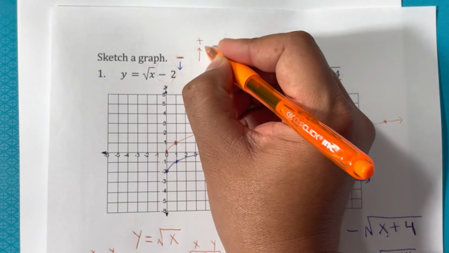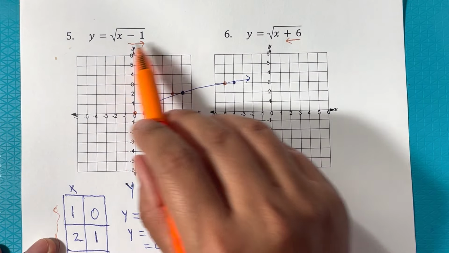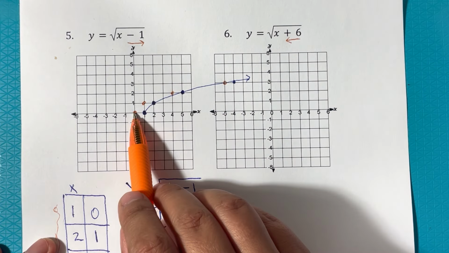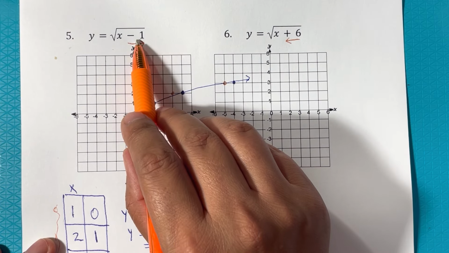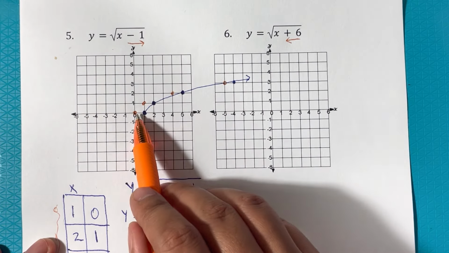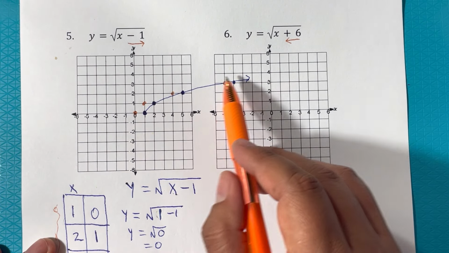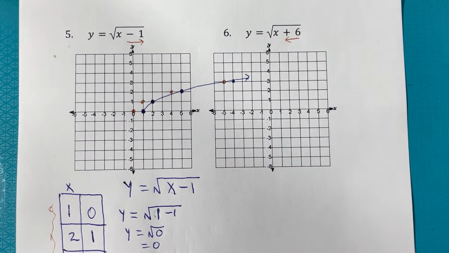So negative goes down, positive goes up. But if you're adding or subtracting inside, then the graph will go on X and the opposite. See, -1 is going to the positives, one space from the mother graph, one space to the right.